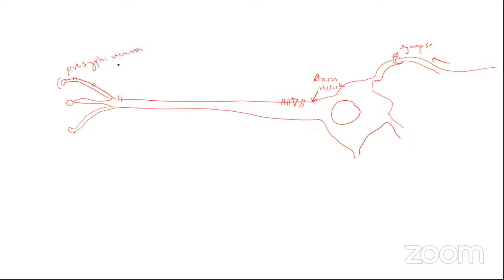It is, say, for example, neuron number 1, which is in connection with another neuron through this synapse, and then the other neuron continues. So this is called the postsynaptic neuron. And when we look at these membranes, they are called presynaptic membrane and postsynaptic membrane.